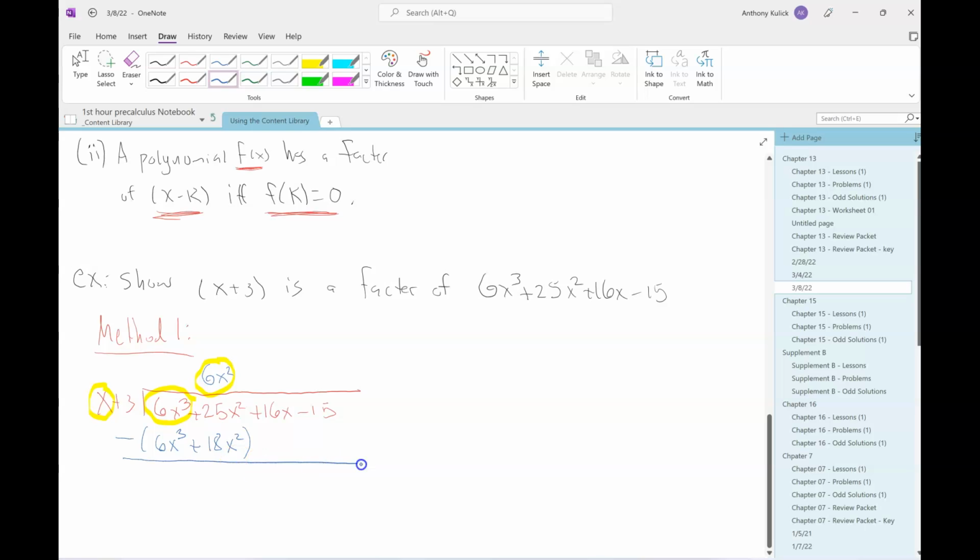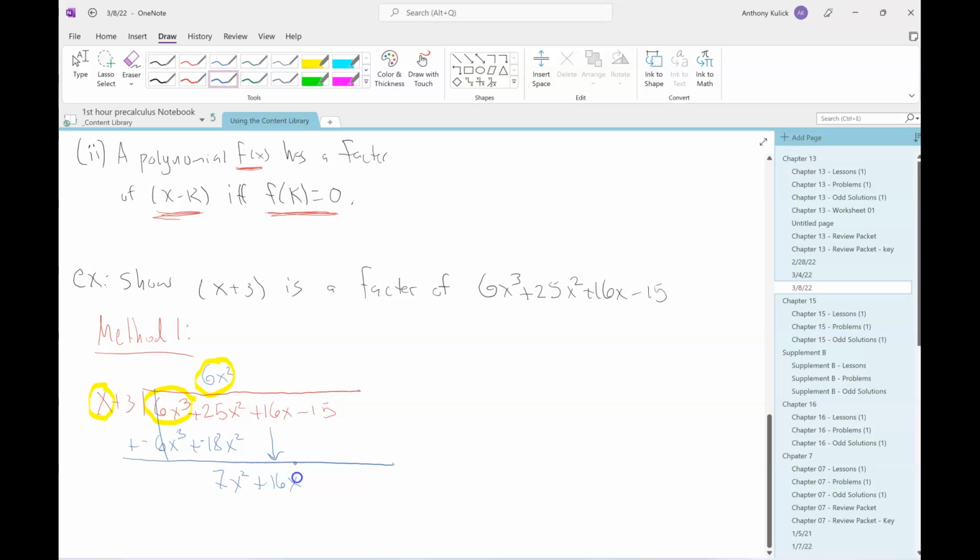And then subtract down. Remember, I like to distribute the negative and think about it as an addition problem. So I'm going to be adding negative 6x cubed and then adding negative 18x. 6x cubed plus a negative 6x cubed is 0. 25x squared plus negative 18x squared is 17x squared.